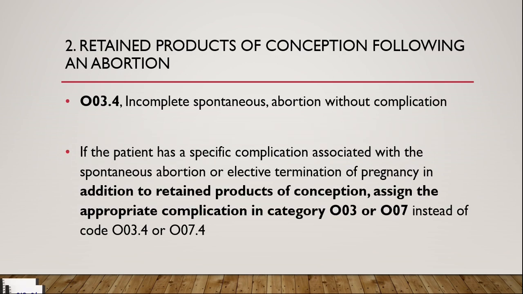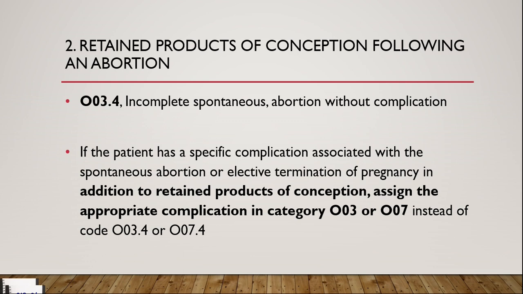Okay. Retained product of conception following an abortion, O03.4, incomplete spontaneous abortion without complication. Sometimes if it's really incomplete, it always results in a complication. But there are cases where there's an incomplete spontaneous abortion, but there's no complication at all.